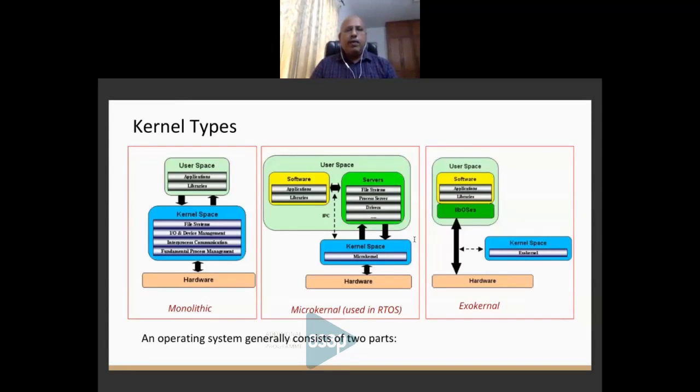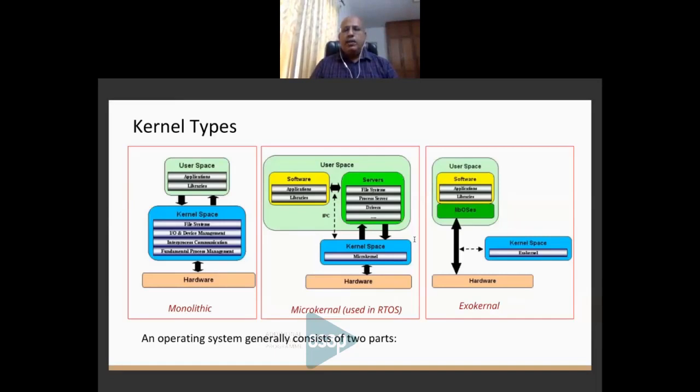in an RTOS sort of environment, we use a microkernel. That means a lot of the functions, like file systems and all those things, have been moved to the user space. And then the kernel is very, very small now, because a lot of features have been removed from the kernel and put in the user space. So this is typical of all the RTOS. Most RTOS use a microkernel, whereas general purpose operating systems like Windows and Unix use a monolithic kernel.